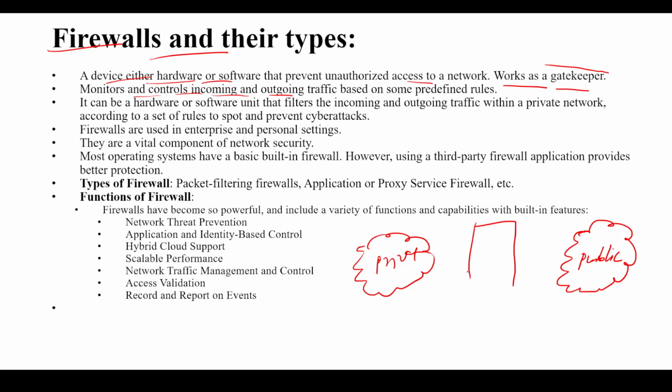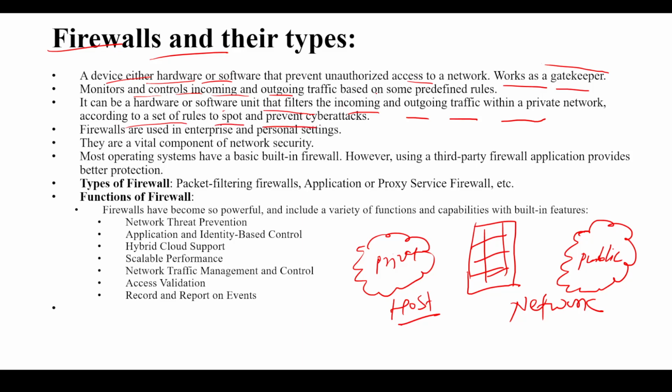A firewall can be installed in either host-based systems or network-based systems. So let's consider this is the firewall. In a host system we can install firewalls, or in the network system we can install firewalls. It can be either a hardware or software unit that filters incoming and outgoing traffic within the private network according to a set of rules to spot and prevent attacks.